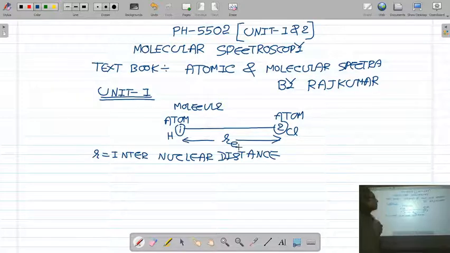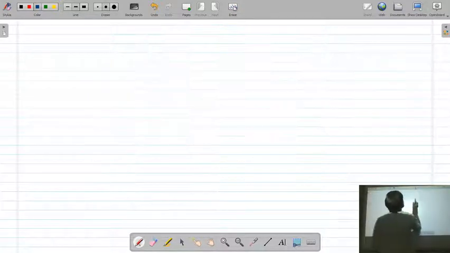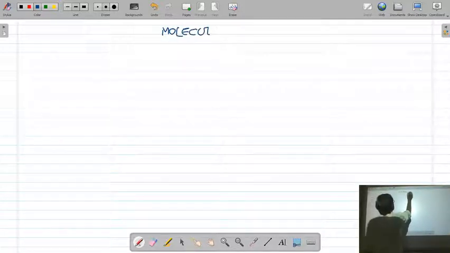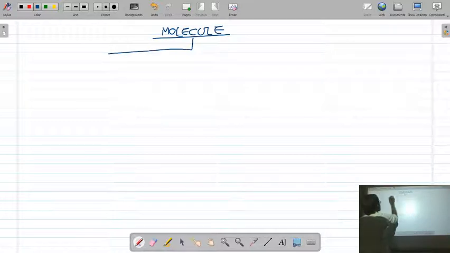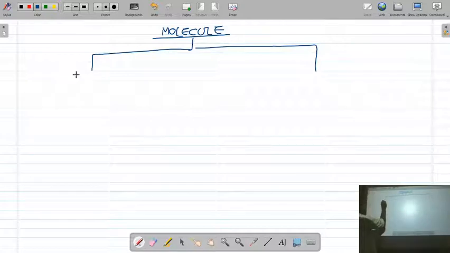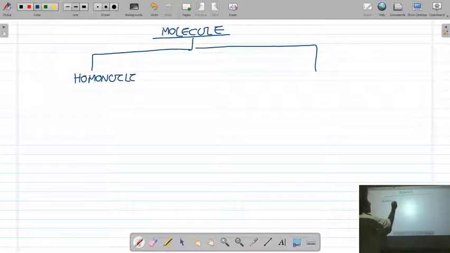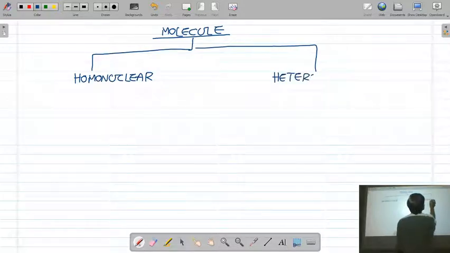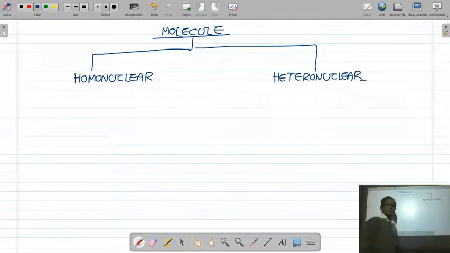There are two types of molecule. One is homonuclear molecule and the second one is heteronuclear molecule.